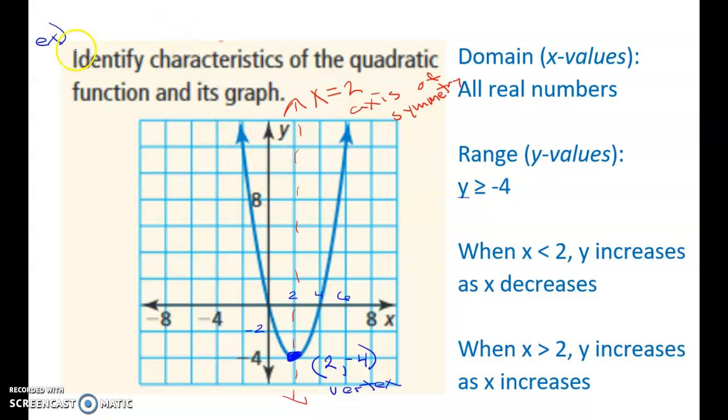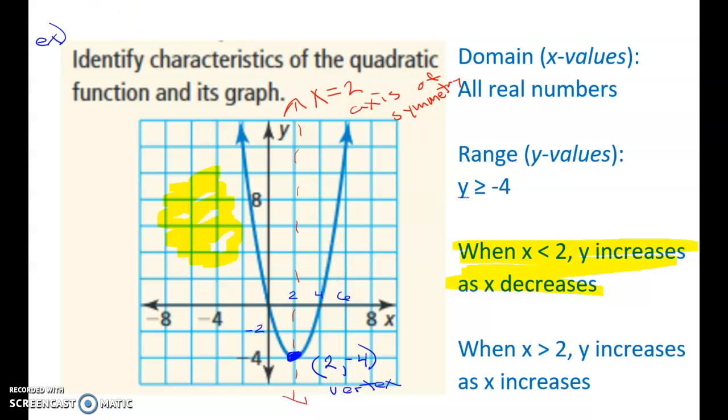So, that's this part right here. Let me go ahead. I'm just going to kind of highlight it. So this part, I'll talk about that one first. Okay, so it says when x is less than 2, so that's going to be on this left side over here, the left side of the graph. So on that side of the graph, y is increasing.